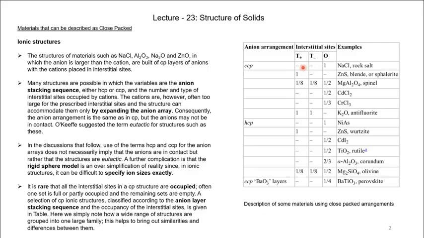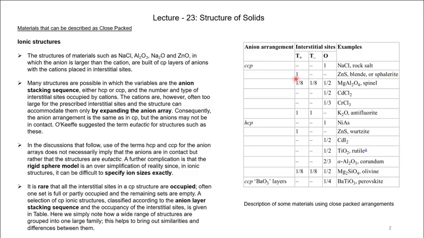That sort of structure we call the sodium chloride structure or rock salt structure. Similarly, if one of the tetrahedral sites is occupied and all the rest are empty, then we call it the zinc blende structure, whose mineral name is sphalerite.